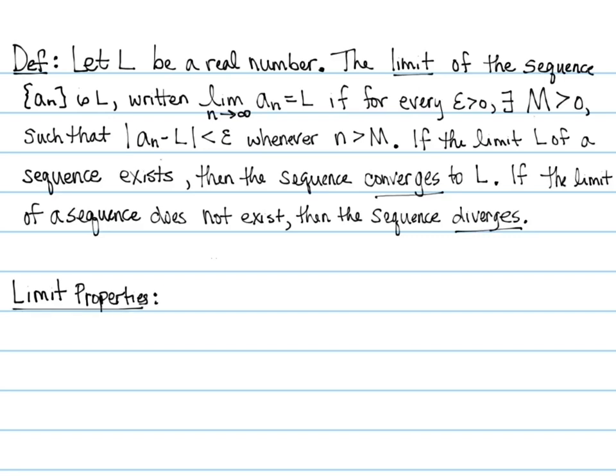Limits have the kinds of properties that you would hope and expect them to have. So let the limit as n goes to infinity of a sub n equal L, and the limit as n goes to infinity of b sub n equal k.